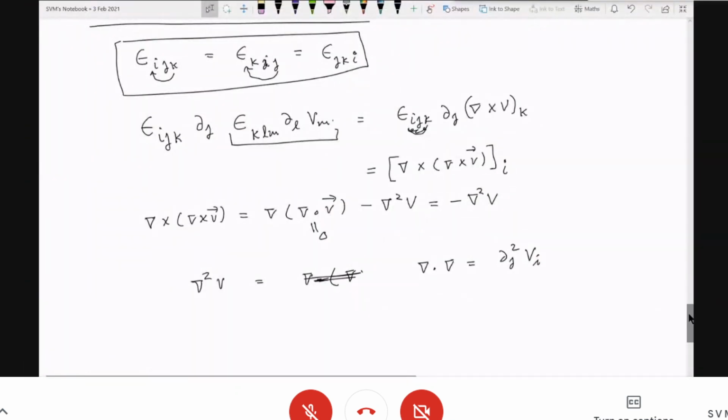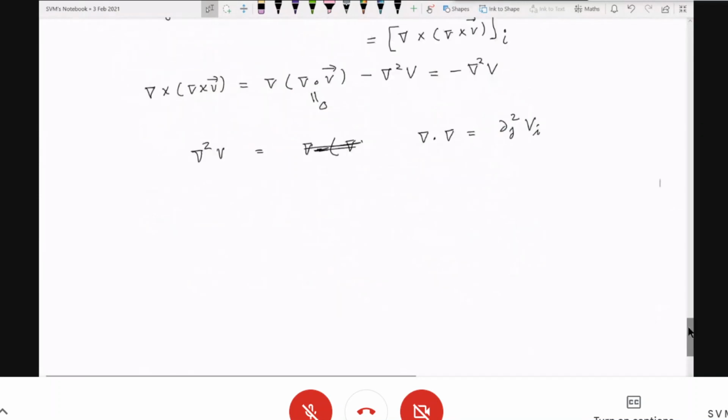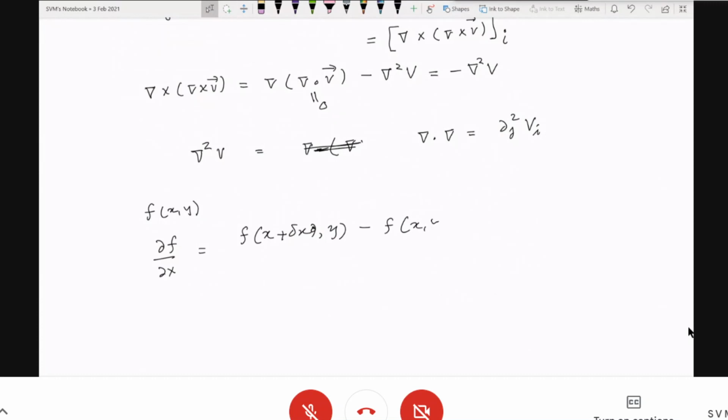So what I'm trying to distinguish is that when you have a function of x comma y, and I write dou f by dou x, this means f at x plus some delta x and a fixed y, minus f at x at a fixed y, divided by delta x in the limit delta x tending to 0.